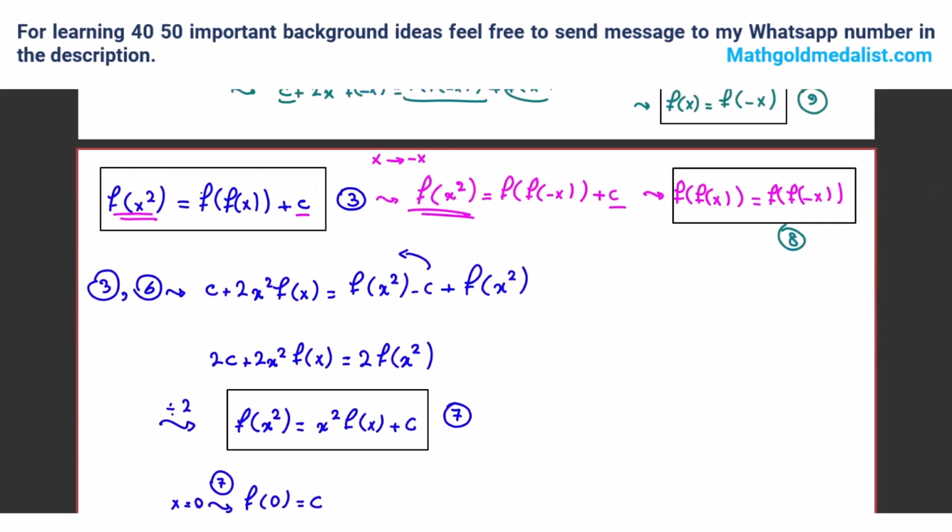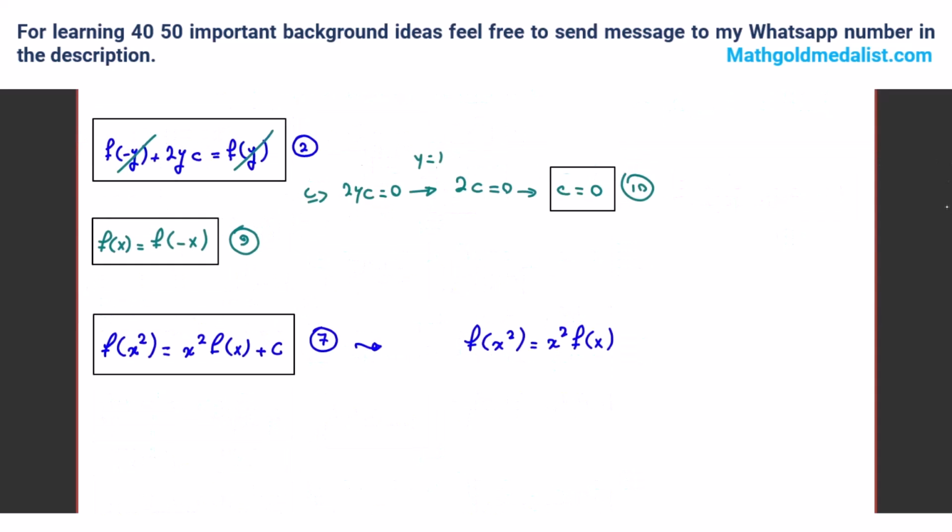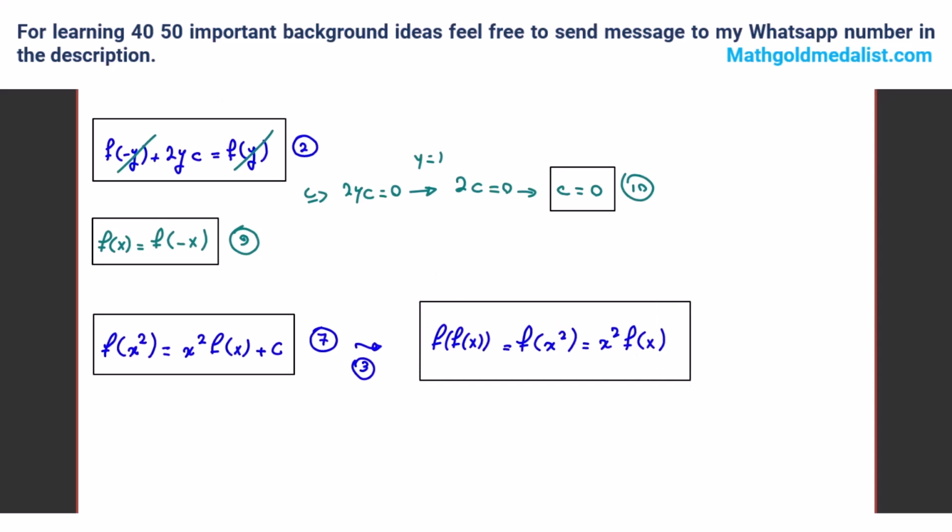Because c is 0, you can cancel this, and f of x is also f of x squared. From 3 also, we can say f of x is equal to f of x squared is equal to x squared f of x. So let's put the box around this one, and it will be result number 11.